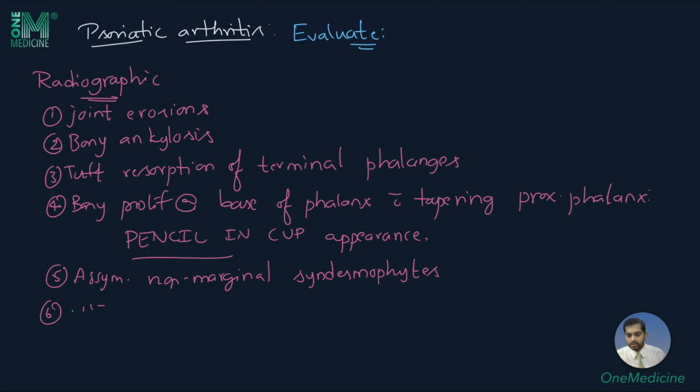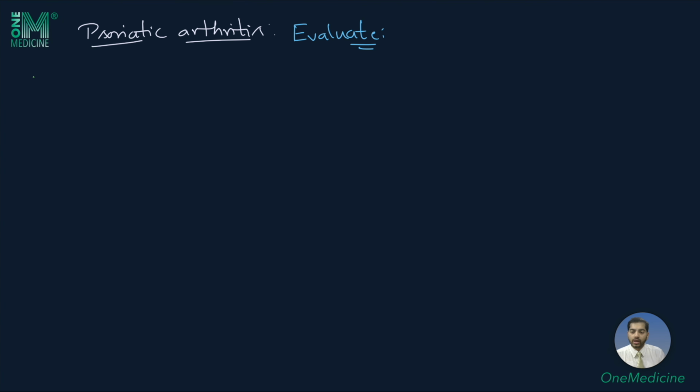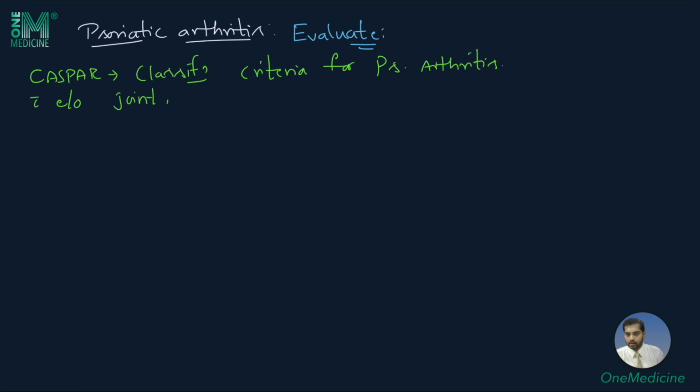Patients can also have asymmetric sacroiliitis. In diagnosing psoriatic arthritis, a particular criteria called CASPAR criteria is used, that is classification criteria for psoriatic arthritis. So this is done in patients with evidence of joint, spine or enthesial disease, and it includes 5 points.